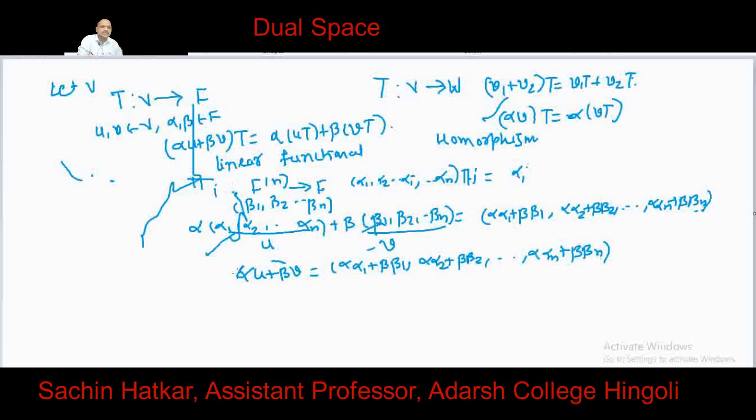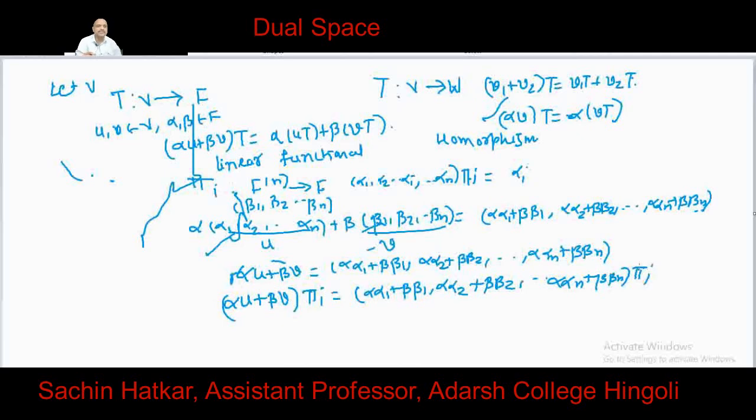Now let us take the image under pi I, that is pi I of alpha u plus beta v, which is pi I of (alpha alpha 1 plus beta beta 1, alpha alpha 2 plus beta beta 2, ..., alpha alpha n plus beta beta n).